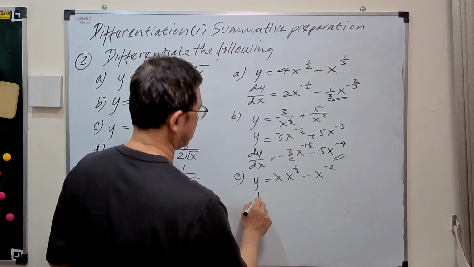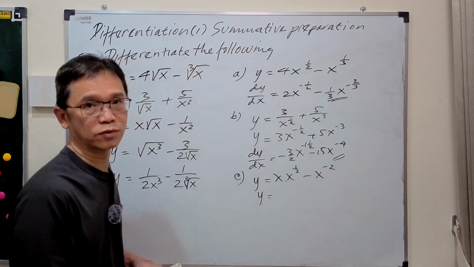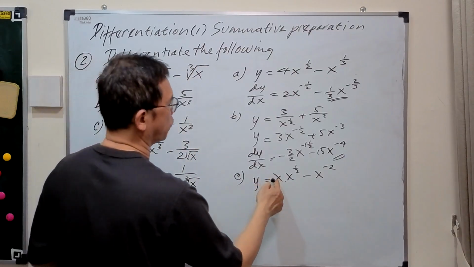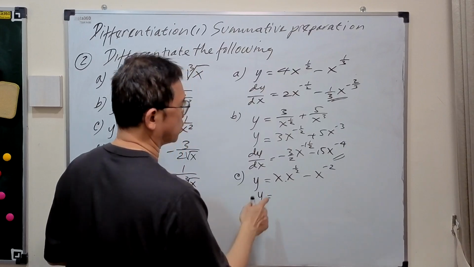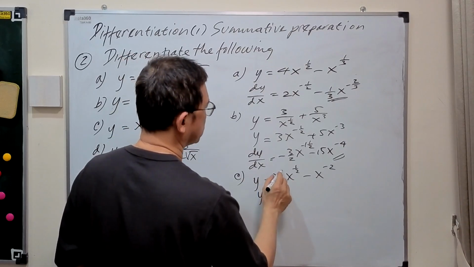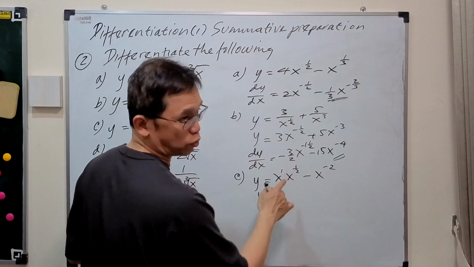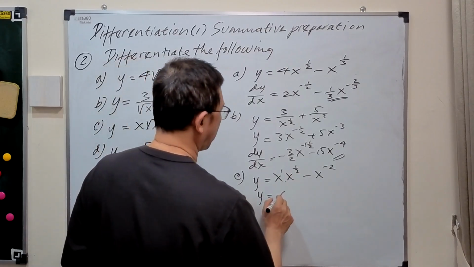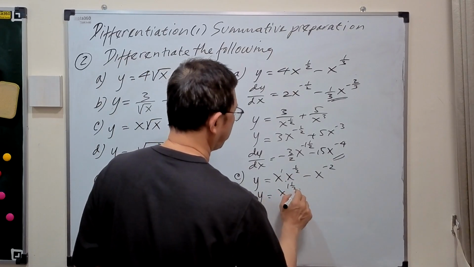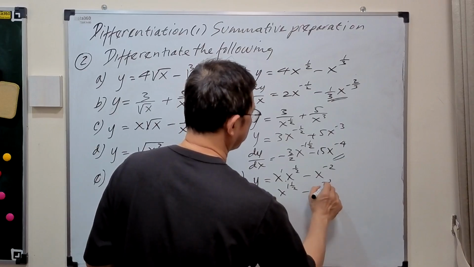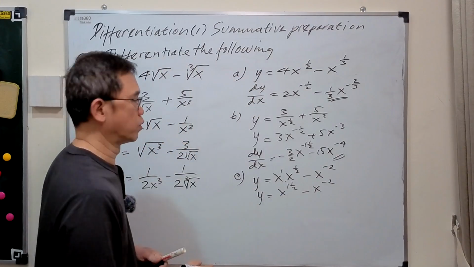Okay, this is not ready yet to be differentiated. So we multiply this using the law of indices. So x times x to the power of half, this will be x to the power of 1.5 minus x to the power of -2. Now this expression is ready to be differentiated.